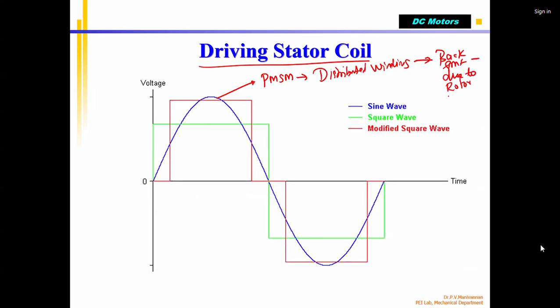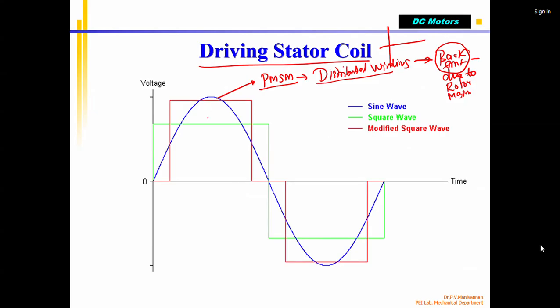The rotor is a permanent magnet, correct? The rotor is rotating and that flux will be cut by the stator coil, so a back EMF is generated. Since in a permanent magnet synchronous motor the winding is distributed, the back EMF generated will be sinusoidal in nature. That's what I'm showing here in blue color.